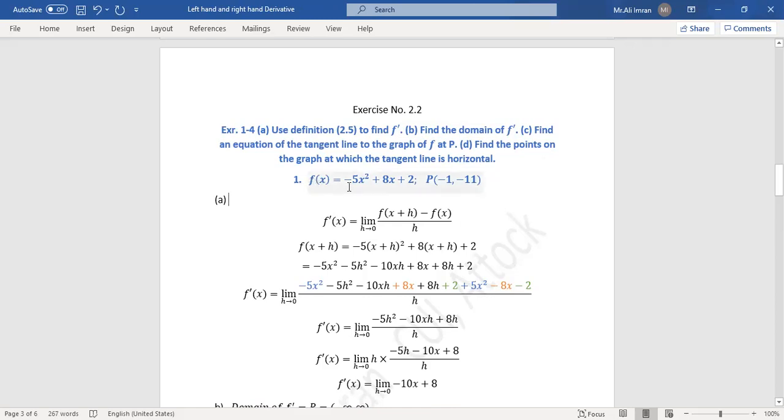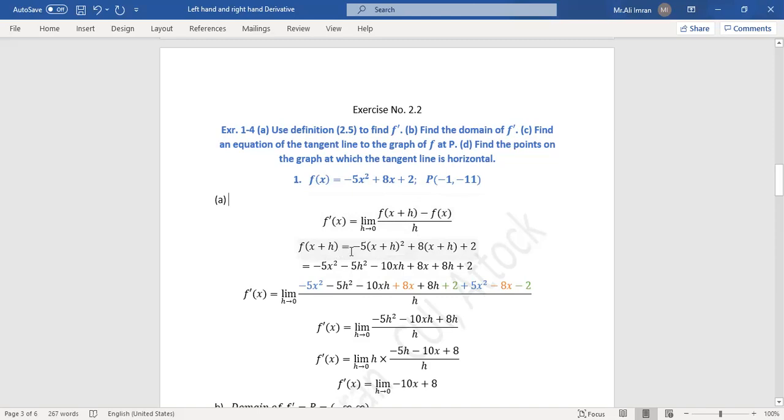F of x is equal to minus 5x square plus 8x plus 2 at point x minus 1 and y minus 11. The definition of the derivative is f prime of x is equal to limit h equal to 0 f of x plus h minus f of x divided by h. First, we will find the value of f of x plus h by putting x plus h in the question.